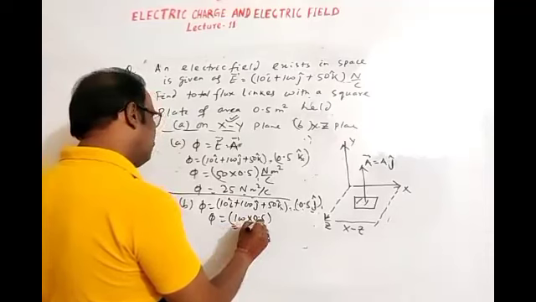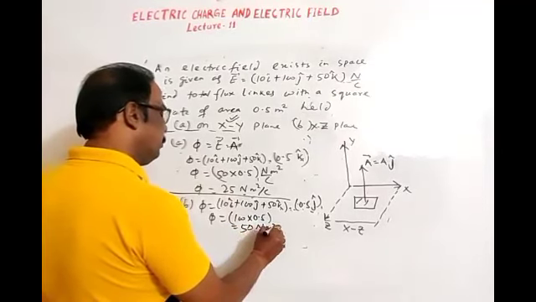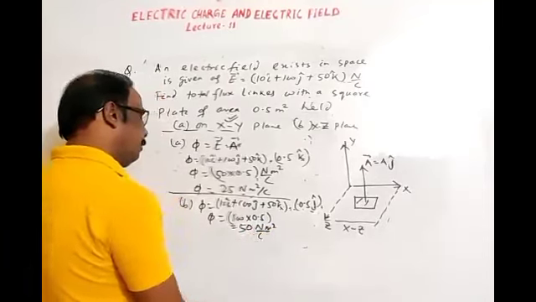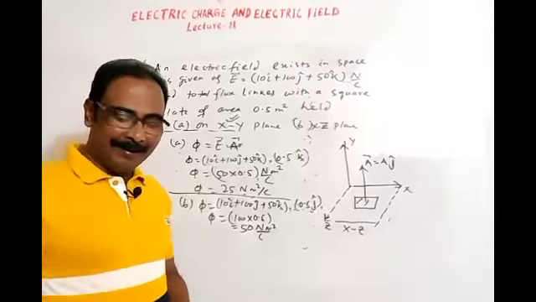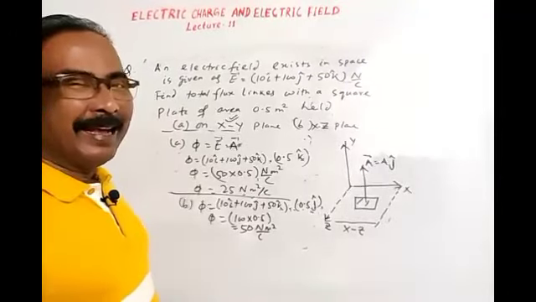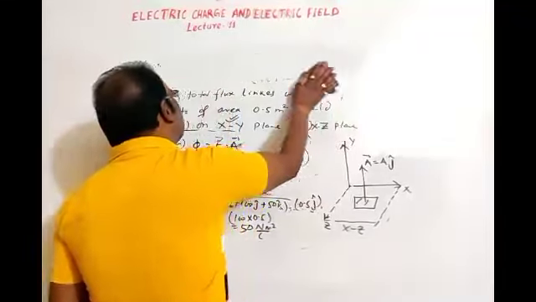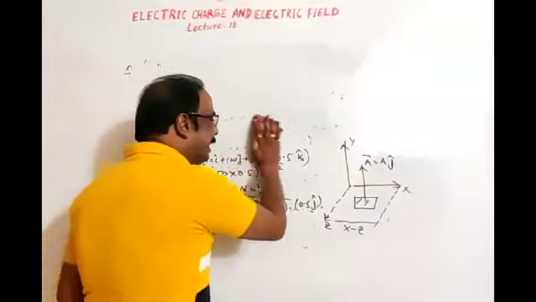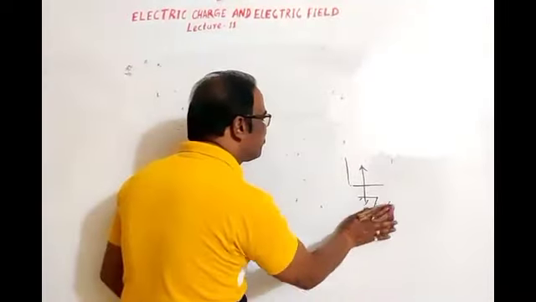That will come to 50 Newton meter square per coulomb. Okay, this is about some fundamental numericals on electric flux.